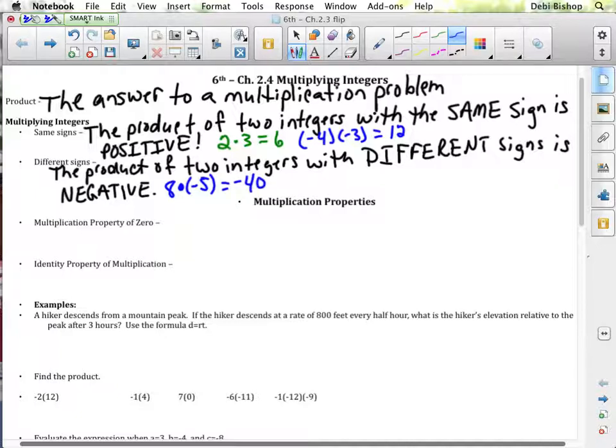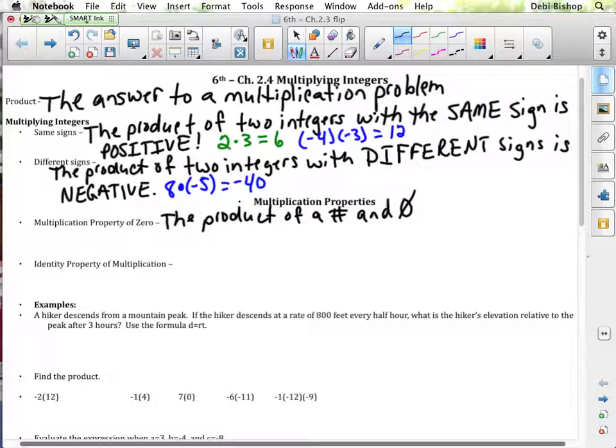All right. Now, we also talk about a few properties in this lesson, and you need to know these properties. They're in your notes, but just as good general knowledge. So first we have the multiplication property of 0. And what this is saying is the product of a number and 0 is 0.